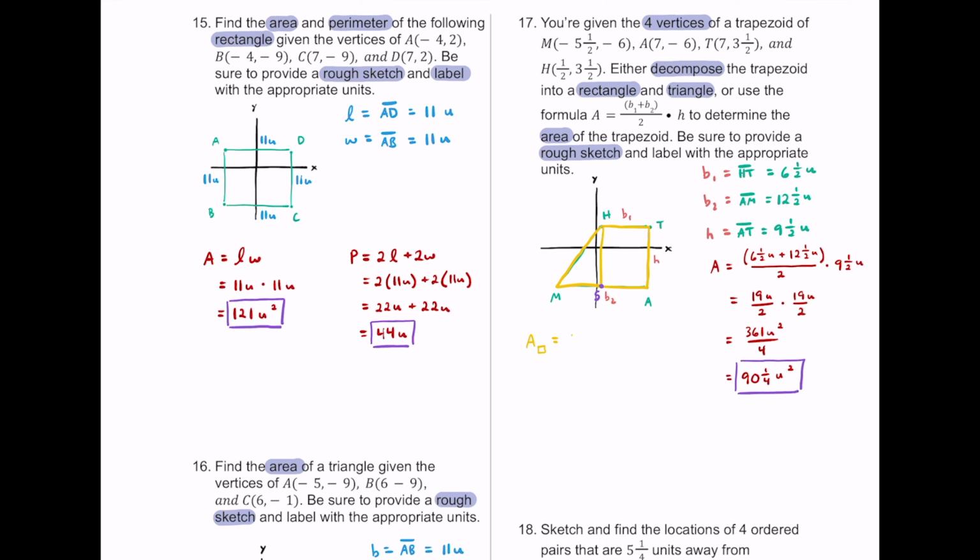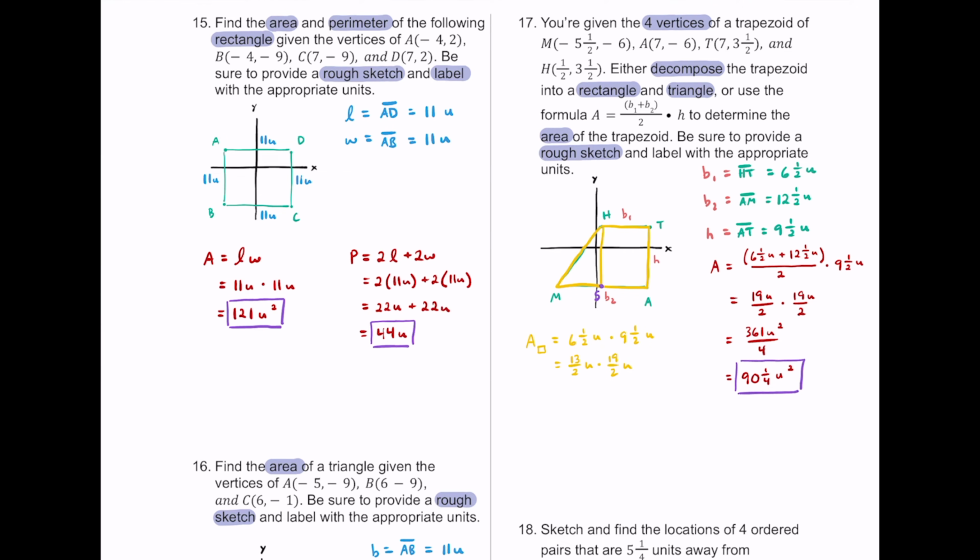Let's take 6.5 units, and we're going to multiply that by TA or AT, which is 9.5. So that's 9.5 units. We're multiplying, so here we have to change to improper fraction. So 6.5 is the same thing as 13 over 2 units. 9.5 we know is going to be 19 over 2 units.